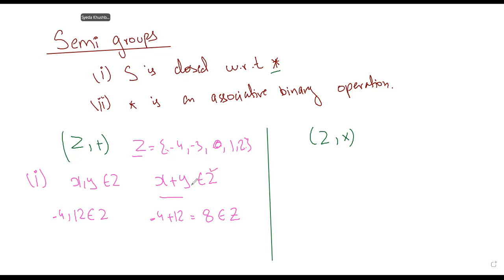So S certainly is closed with respect to the binary operation, that is addition. So the first property is satisfied. So far S is a groupoid, because this was the only criterion for a groupoid. We need to see if it is a semi-group or not. For that, the operation should be an associative binary operation.